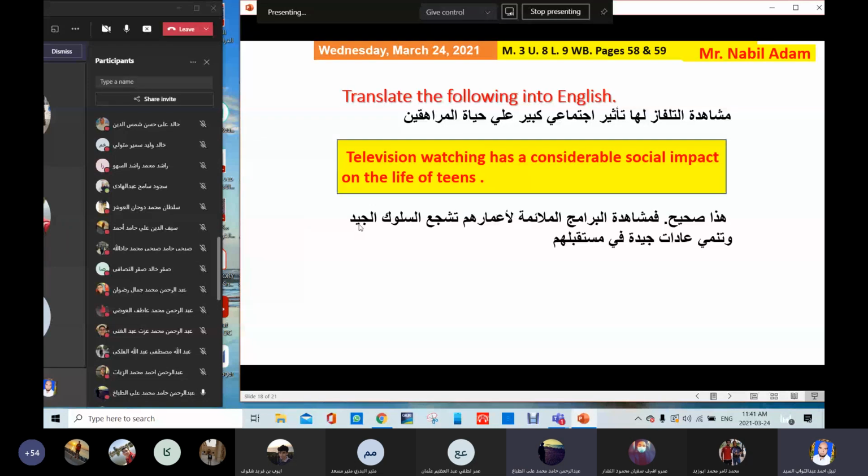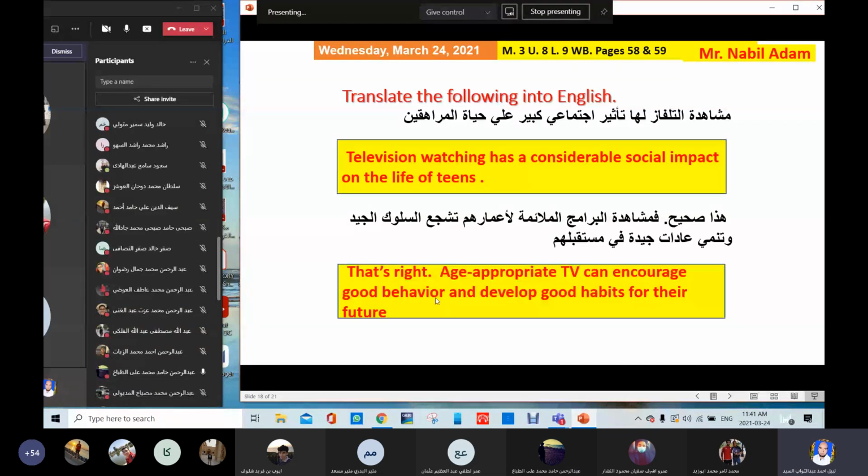And develops good habits in their future. Good, thank you. Develop. Yes, thank you. That's right. Age-appropriate TV can encourage good behavior and develop good habits for their future.